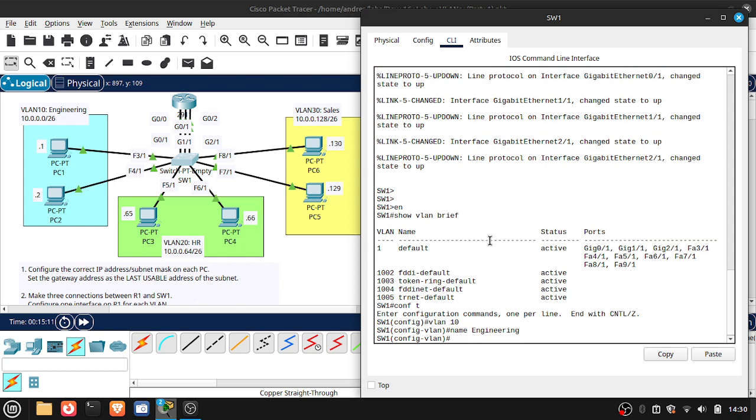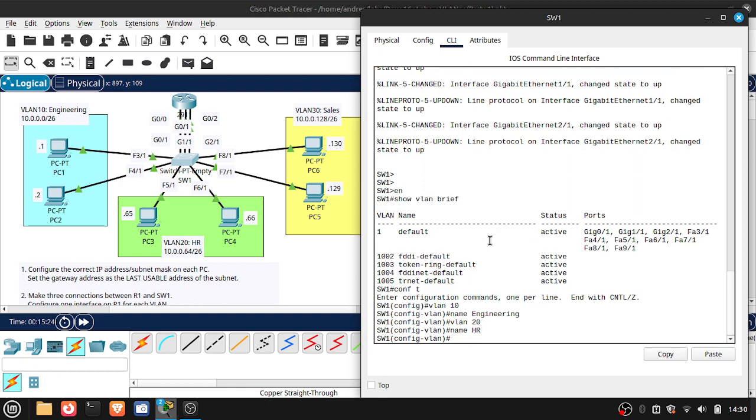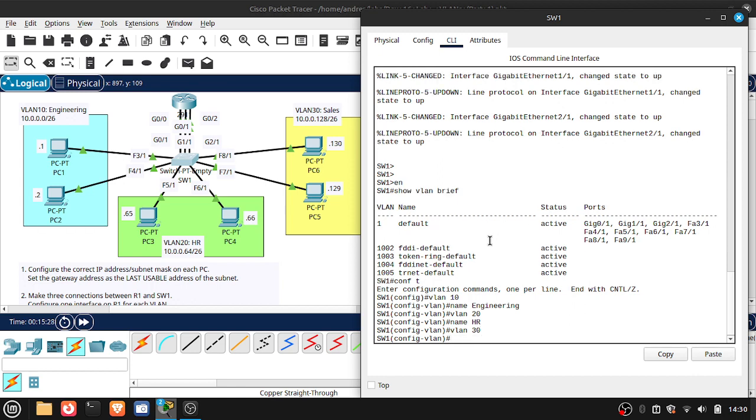That is our VLAN 10. Now vlan 20, name HR. And the last one is vlan 30, name sales. Okay.